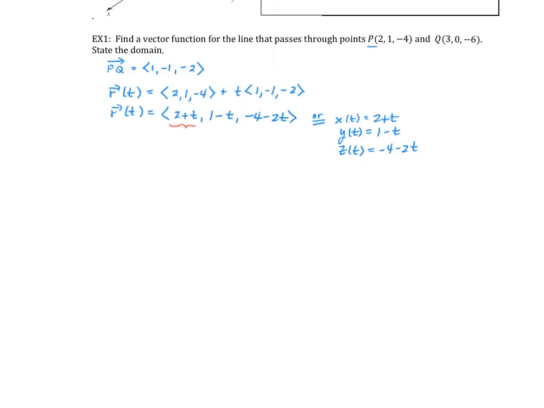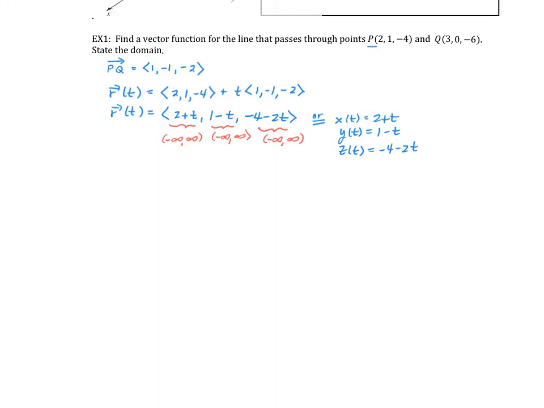And the answer is yes. So all real numbers, in interval notation, that would be negative infinity to positive infinity. If we look at 1 minus t, no restriction. I could put any t value I want from negative infinity to positive infinity. And it'll be the last one as well. Negative infinity to positive infinity would be the domain.